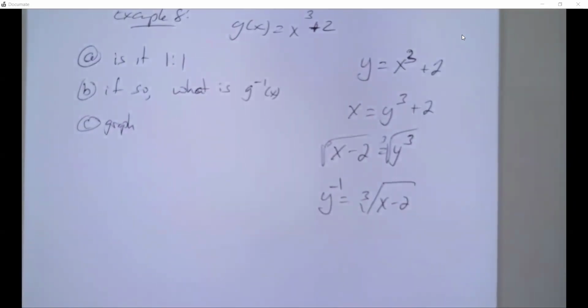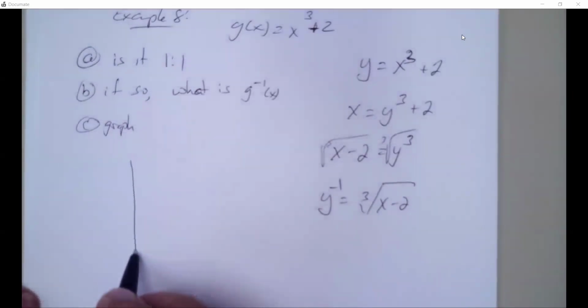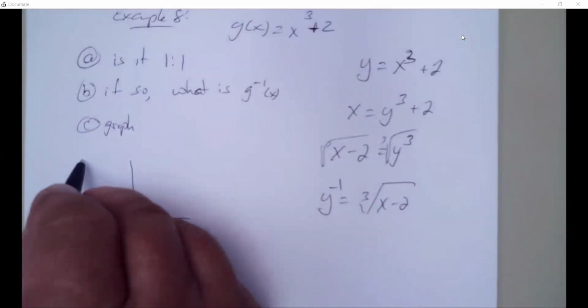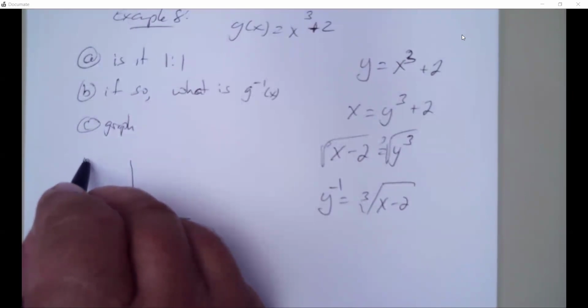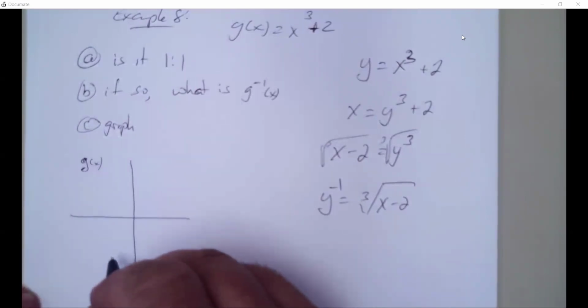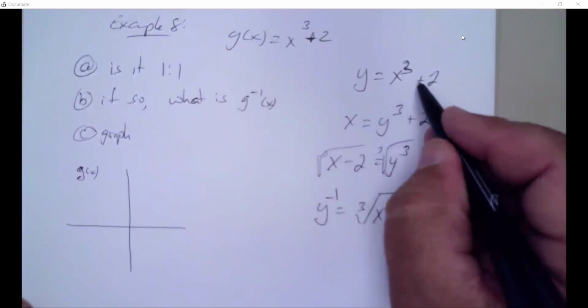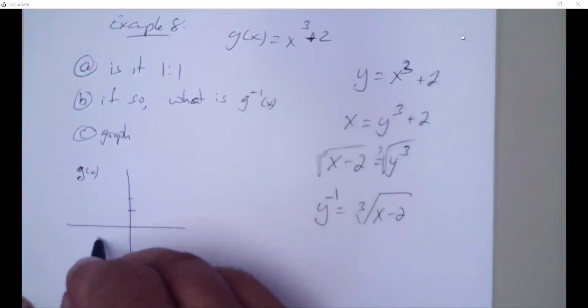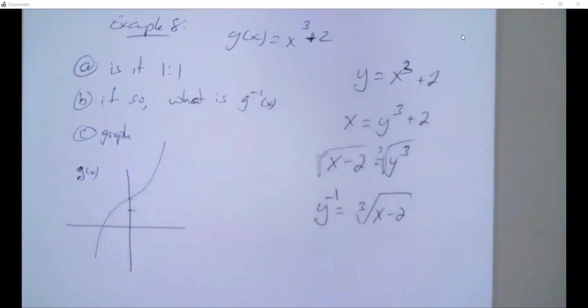First off, is it 1-to-1? Here's g of x. It crosses at (0, 2), so it looks like this. It passes the horizontal line test, so it is 1-to-1.